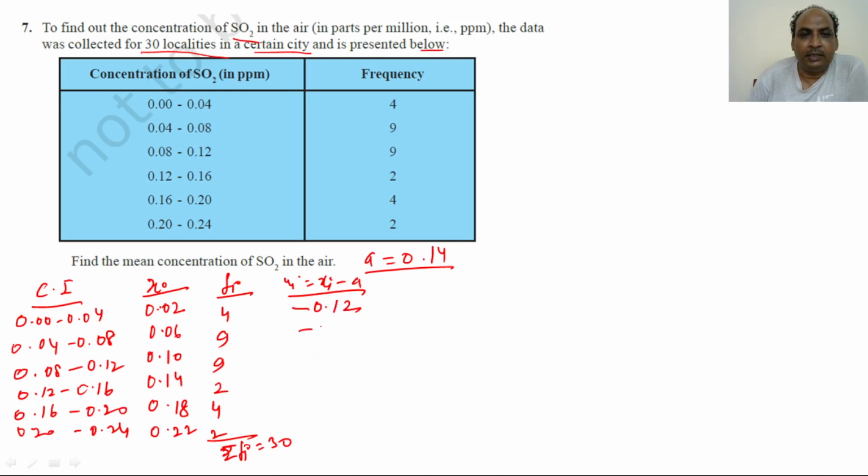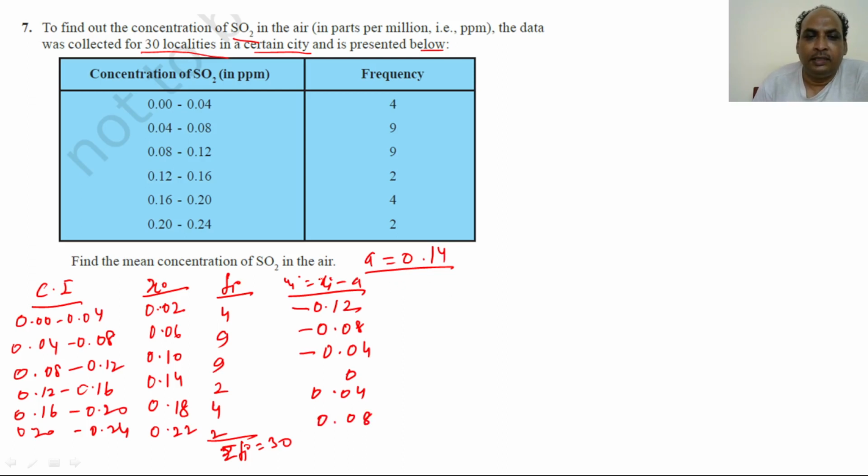Then minus 0.08, minus 0.04, and 0.14 minus 0.14 is 0 only. 0.18 minus 0.14 is 0.04, and 0.22 gives 0.08.